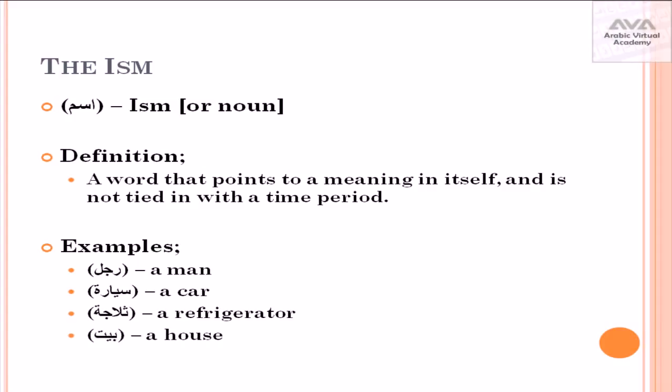Or even the word bait, house. These are all words that are tied into a meaning in itself, but it is not connected to a time period. And this is what we refer to simply as an ism, or a noun.